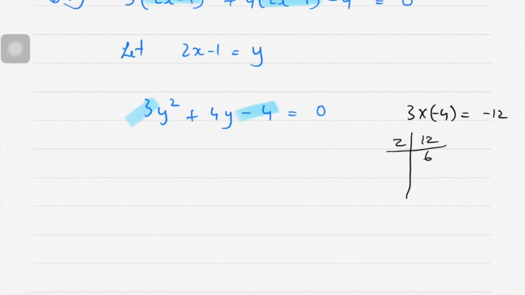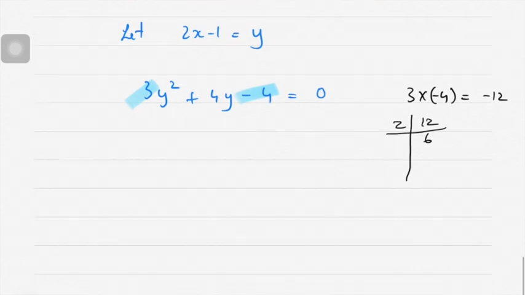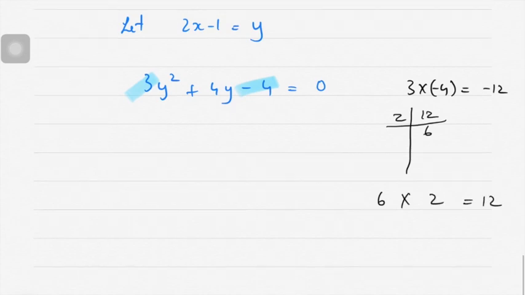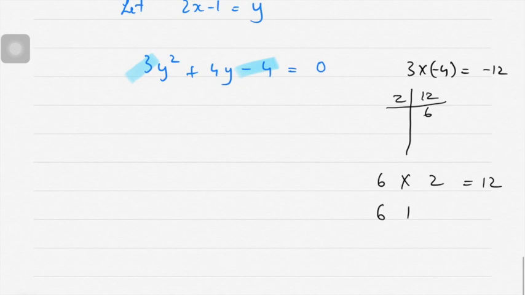Now I got the factors 2 and 6. When you multiply, it is minus 12. And when you add or subtract, it is one and the same thing. When I say add, I mean add or subtract both, because there are minus signs, right?